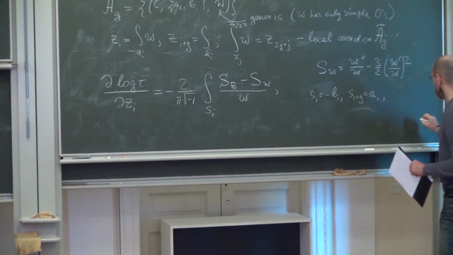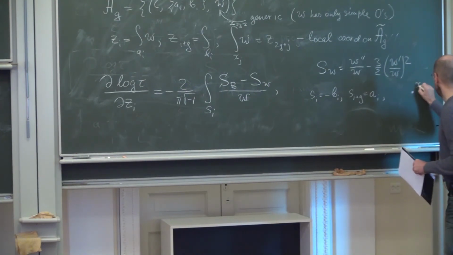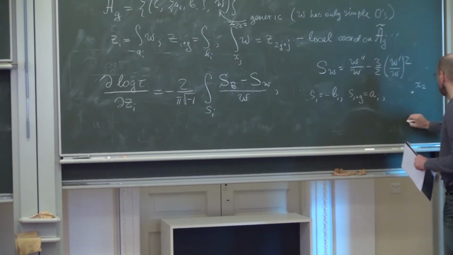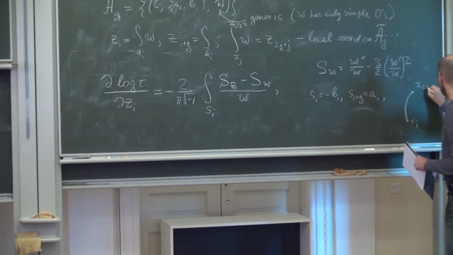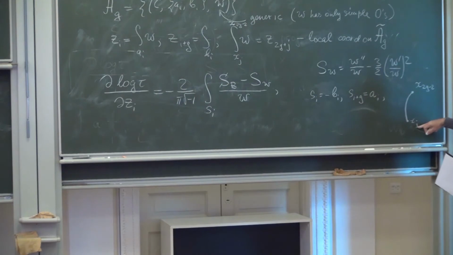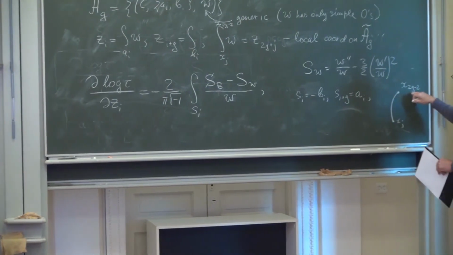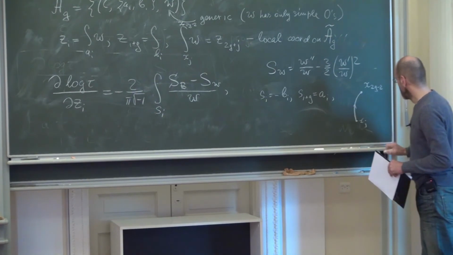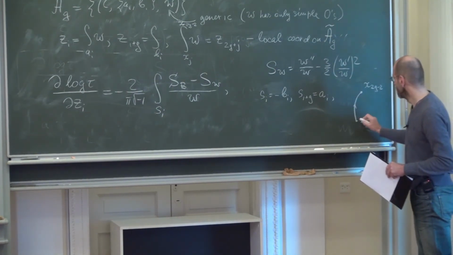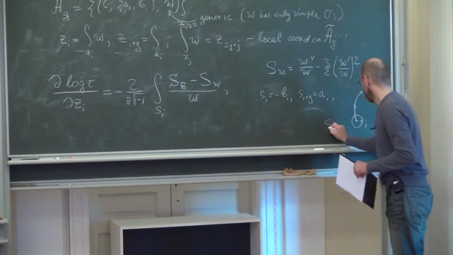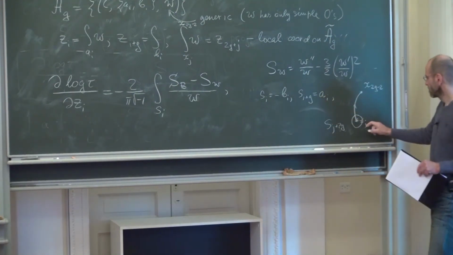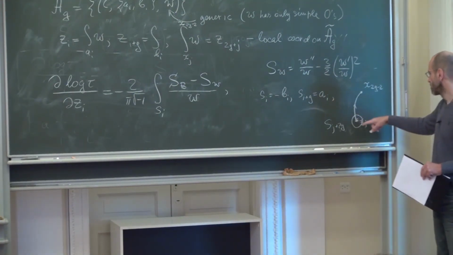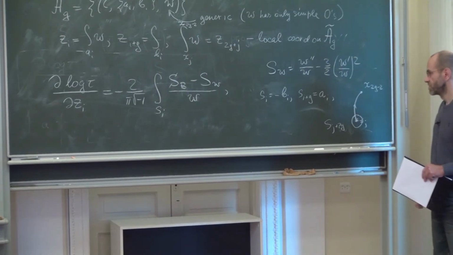And let me recall that there are 2g minus 3 paths from x_j to x_{2g-2}, from simple zeros to the last zero, and s_{j+2g} is just a small circle around x_j, the jth zero.